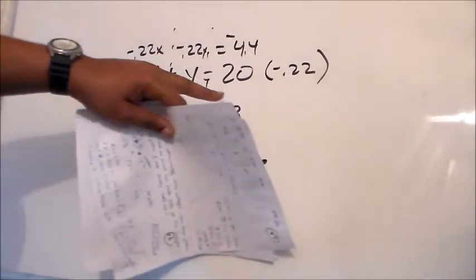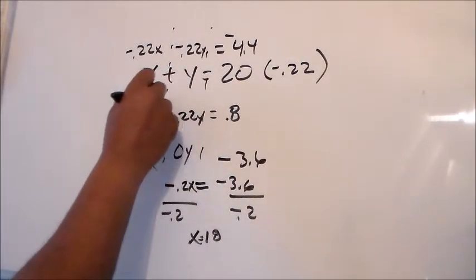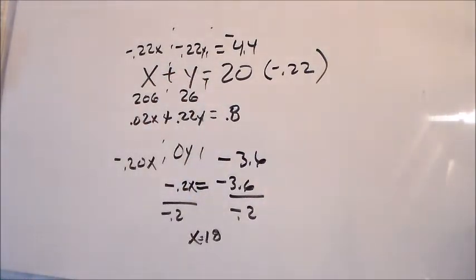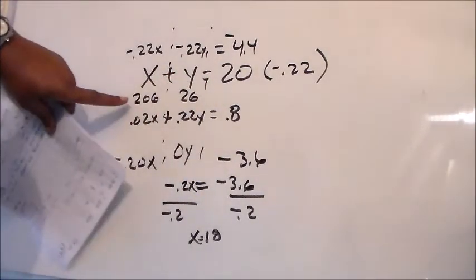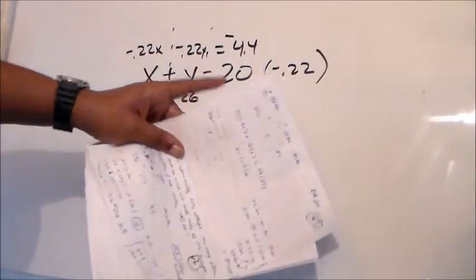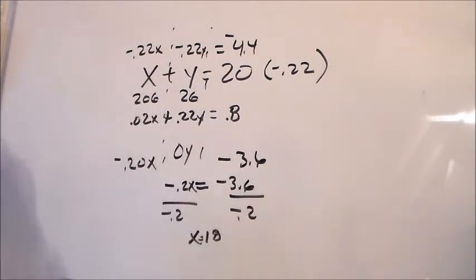So if our total mixture is 20 gallons, I'll put 20G, G representing gallons. This is how much milk we're going to use, and this is how much butterfat we're going to use to obtain that 20-gallon mixture with a 4% buttermilk fat percentage.